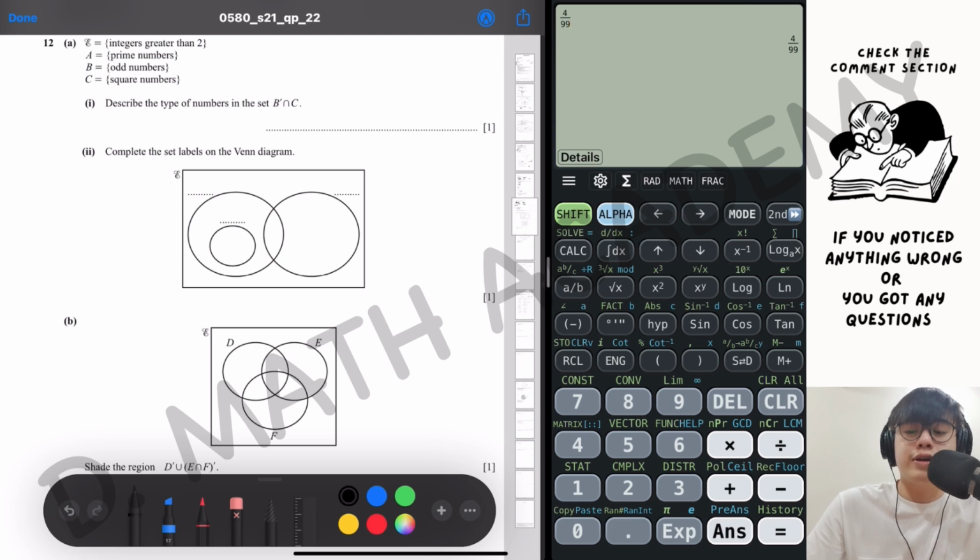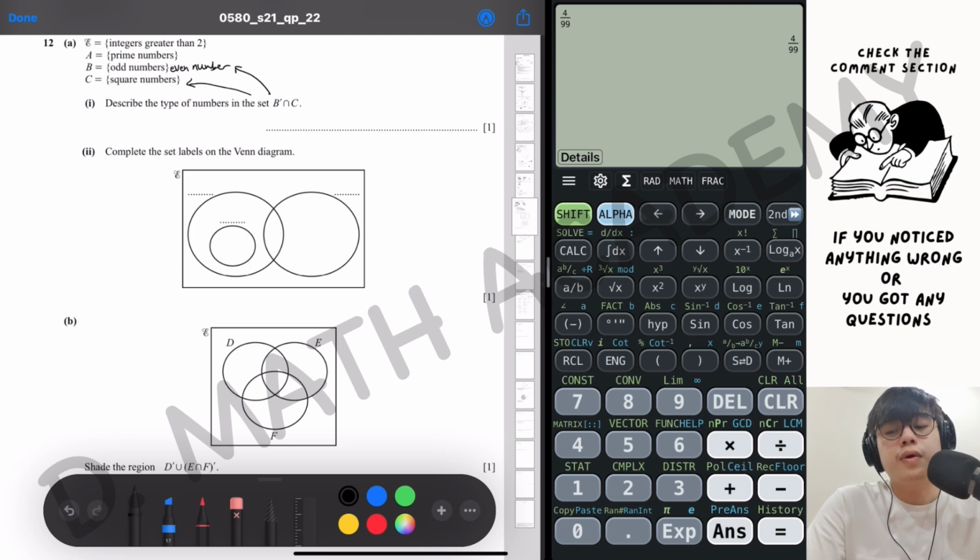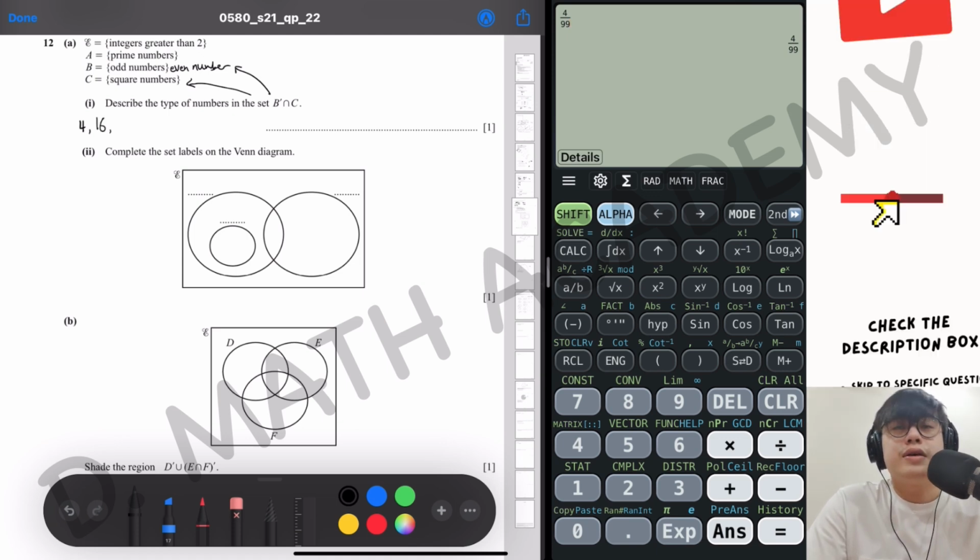So everything other than B will be even numbers. And intersected with C will be even numbers that are also squared numbers. So some samples of it will be 4, 16, 144.